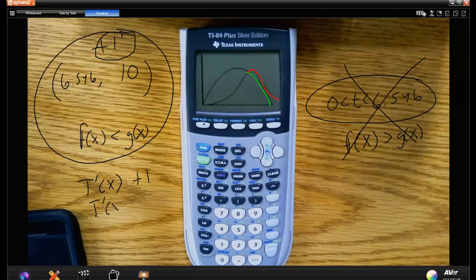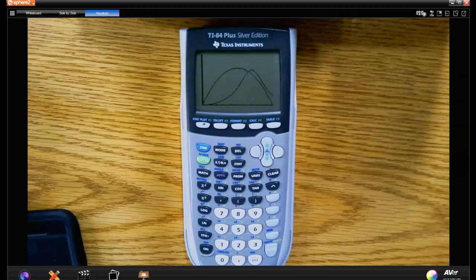Well, I think the better way to write it would be like this. You could have written this, or you could have written this for your other point. And then finally, you get 1 point for your answer for a total of 3 points on that one. Okay? So that's the first FRQ.